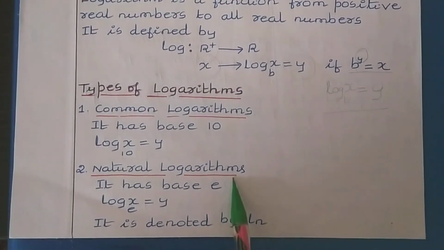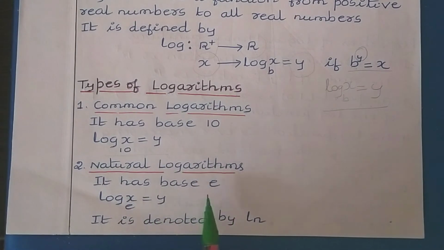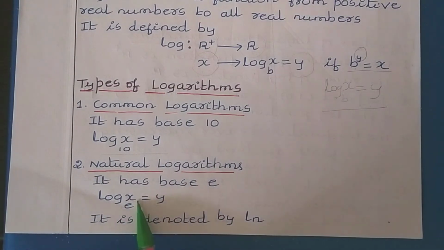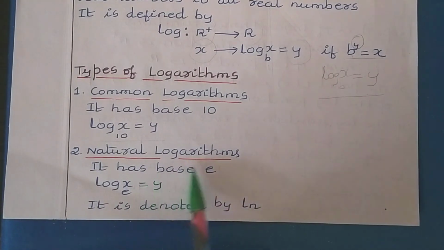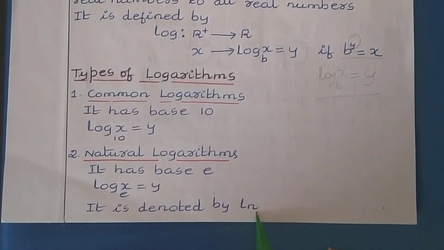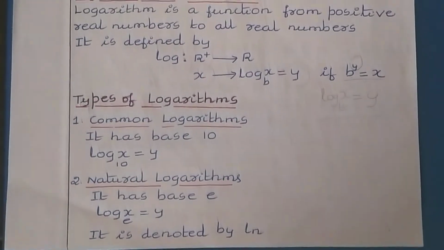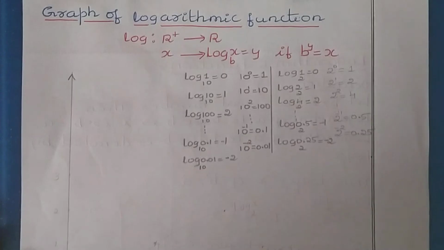In the case of natural logarithm, here we use base e. So we can write this as log x base e is equal to y, or this natural logarithm can be denoted by using ln. Now let us understand the graph of logarithmic function.